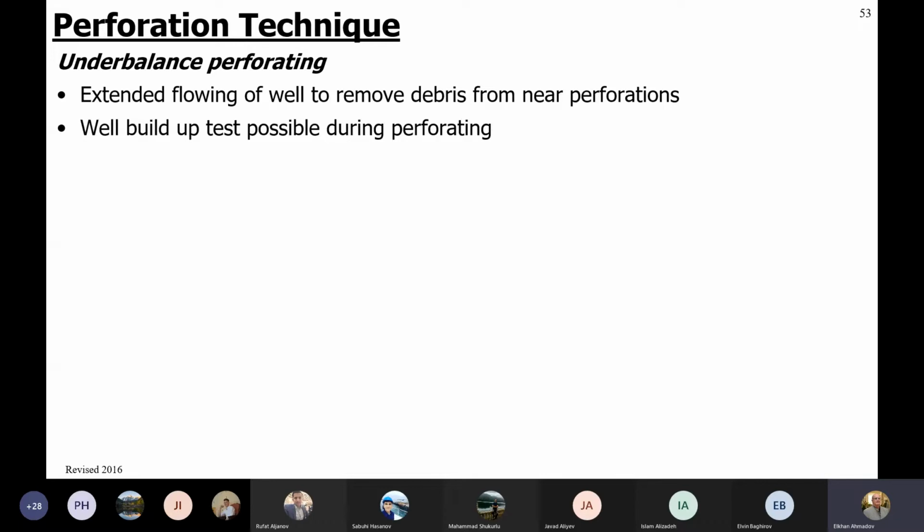And if the well is equipped appropriately, we can do a well build-up test to obtain some information about the reservoir, like reservoir pressure, near wellbore permeability, some extension around the well, the near wellbore zone, etc.